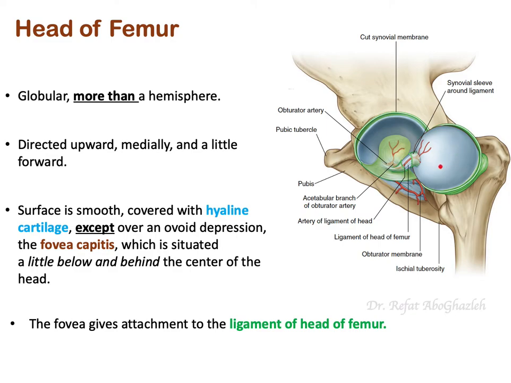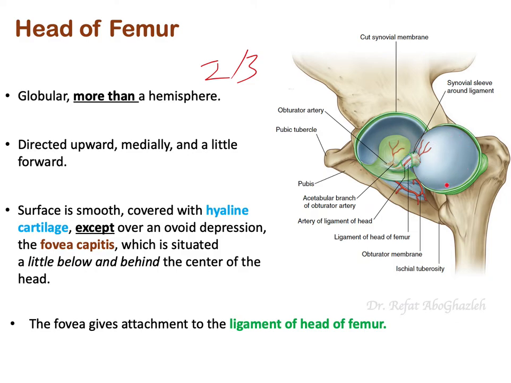So for the head of femur, guys, you see that it's more than a hemisphere. It's about 2/3 of a sphere, right? So that helps enhance the stability of the hip joint once the head of the femur articulates with the acetabulum.